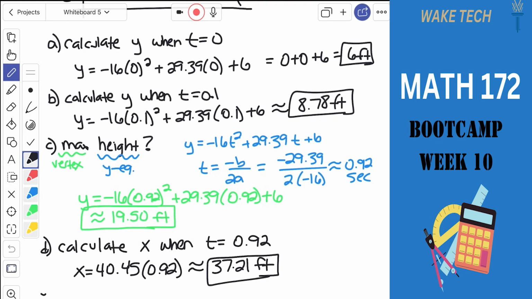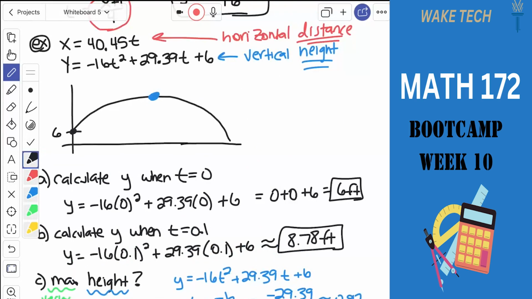Okay. E asks how long is the ball in the air? Well, I'm going to go back up to the graph. The ball is in the air from the moment it's thrown until it reaches the ground. When the ball reaches the ground, its height is 0.